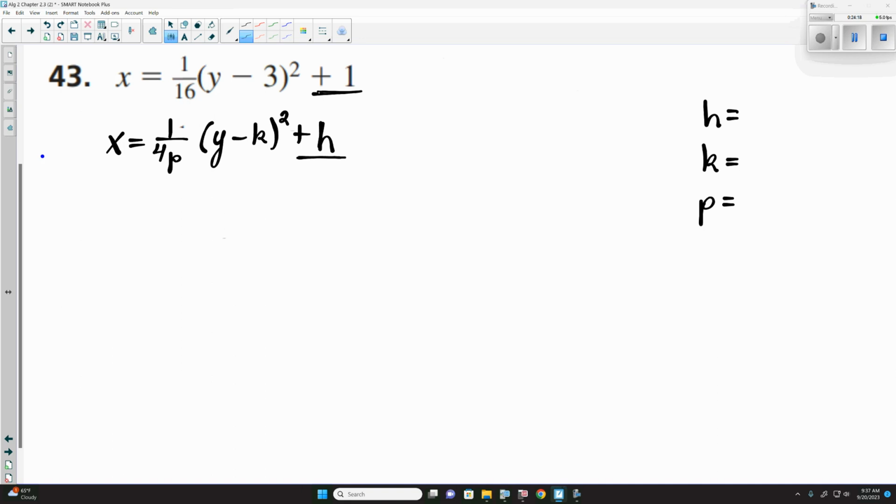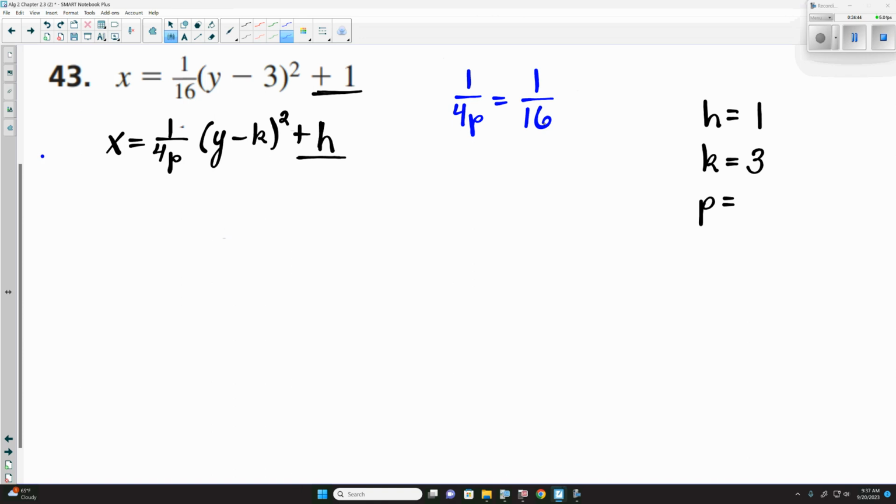Yes, because h is outside, our plus 1 is outside, it's 1. K is inside the parentheses. Since it's y minus 3, it's positive 3. Yes, that's what we'll get to, but 1 over 4p is equal to 1 over 16.